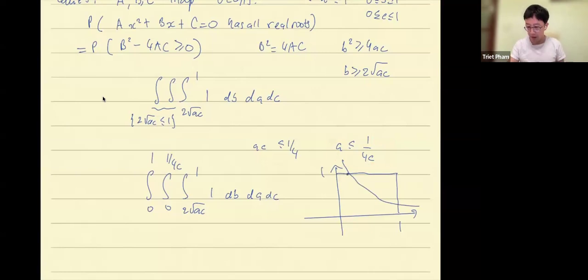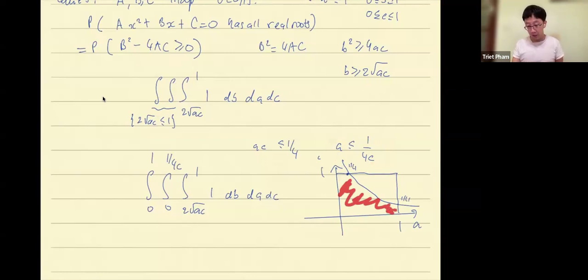Where clearly this is when C equals 1 and A equals a quarter. And when A equals 1, C equals a quarter. And you're looking at the region to the left of this. So you're looking at this region.